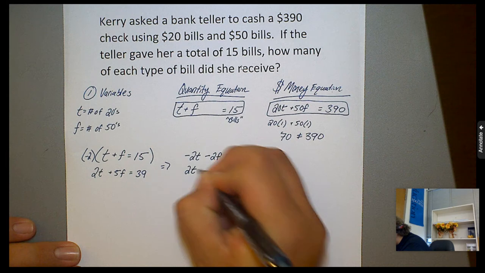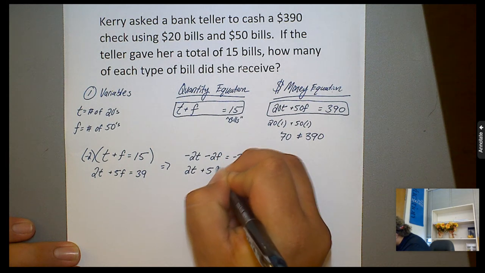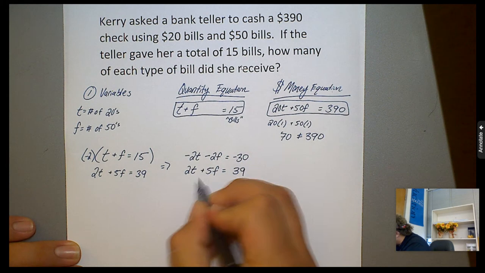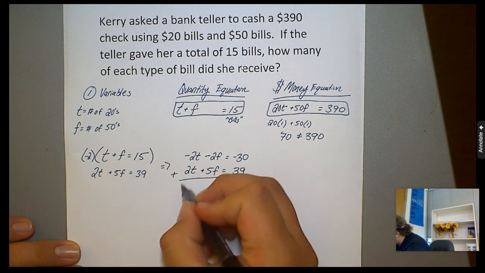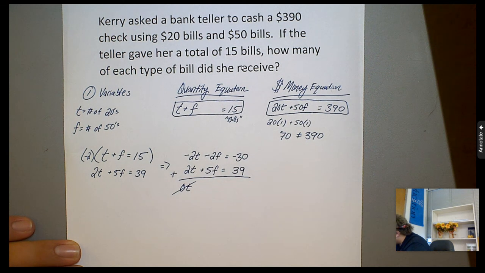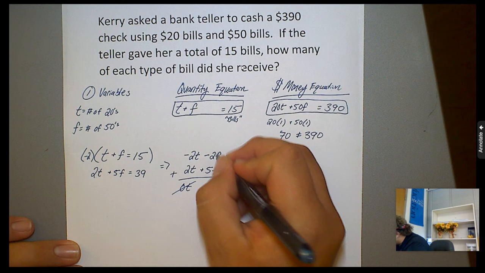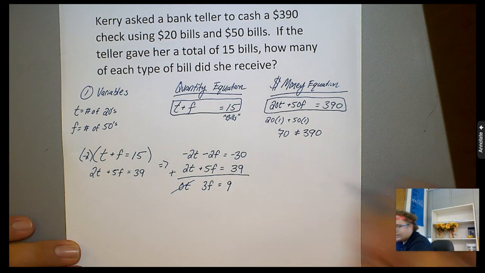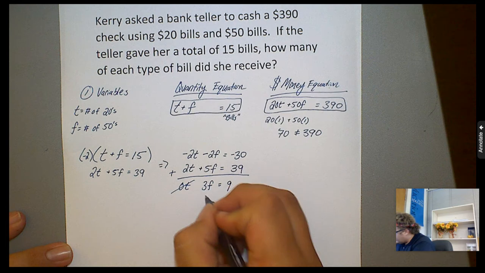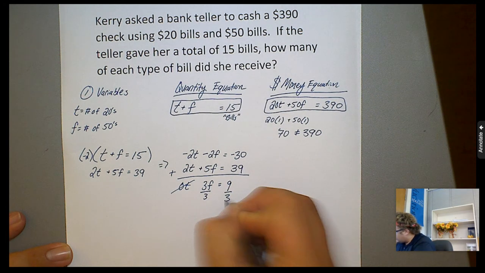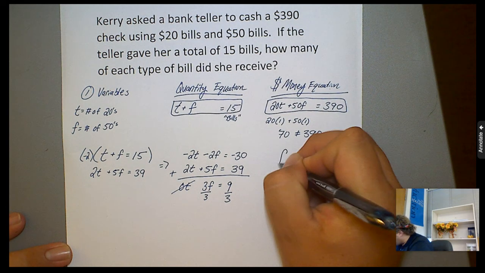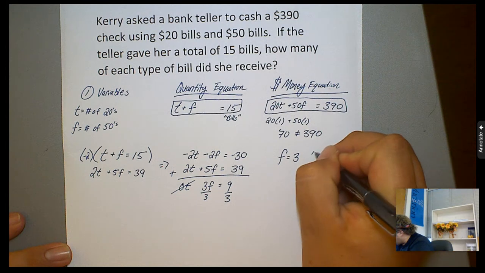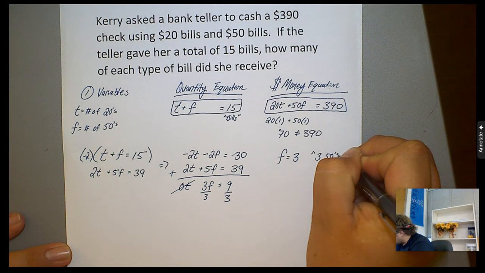And I'll take the 2T plus 5F equals 39. And watch how nice this comes out. We get 0T, so that's bye-bye. -2 plus 5 is 3F equals a nice simple 9. See how that worked out lovely for us? So we now know that F equals 3, and that was 3 50s.